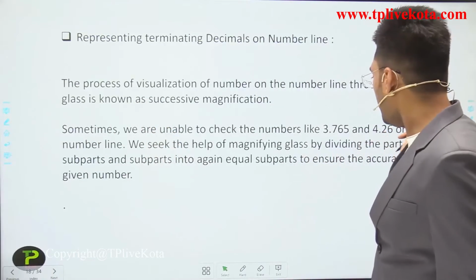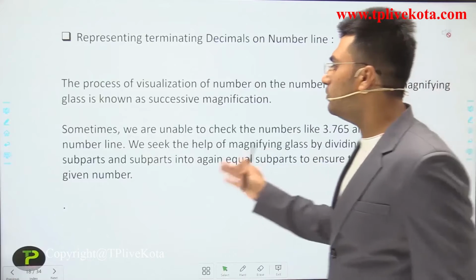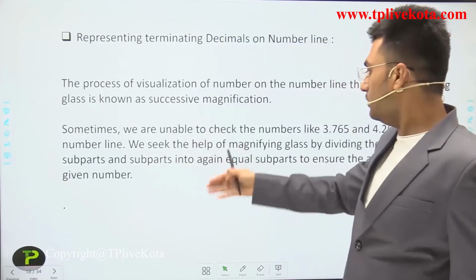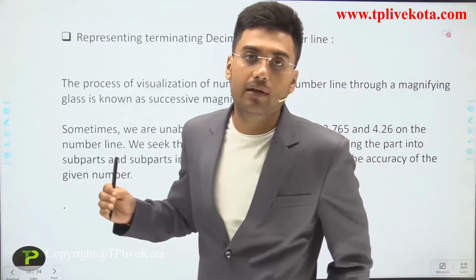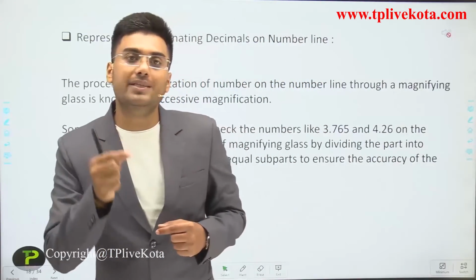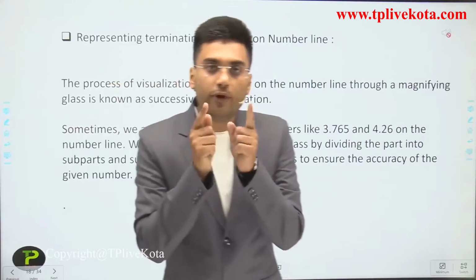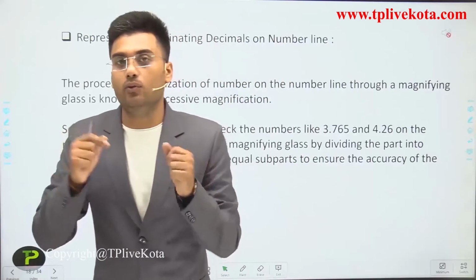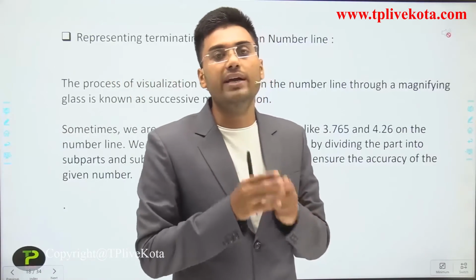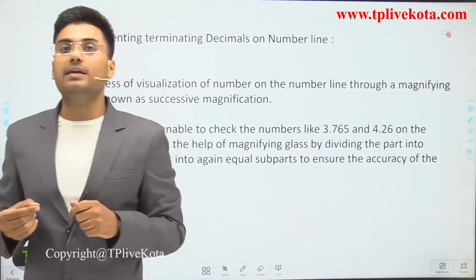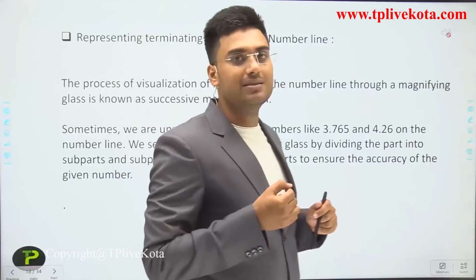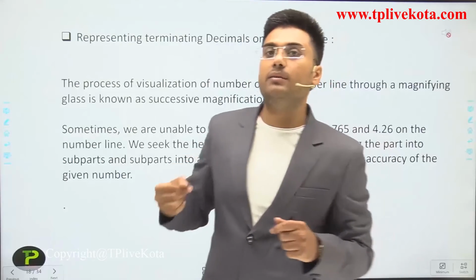So by dividing the part into subparts and subparts again into equal subparts, we ensure the accuracy of the given number. For example, if you want to represent 1.2, 1.2 belongs between 1 and 2. Then we divide 1 and 2 in 10 equal parts. Why 10 equal parts? Because in our number system we use the base 10 number system.